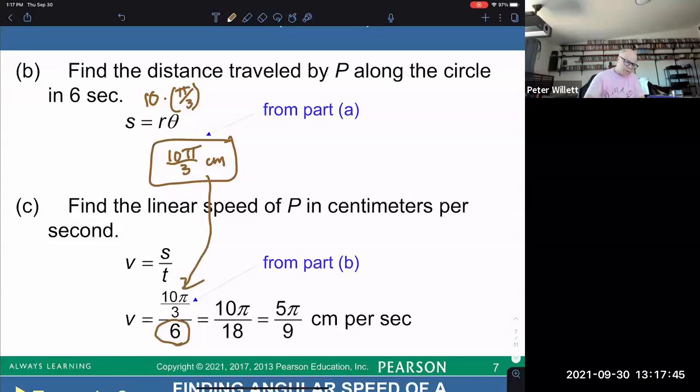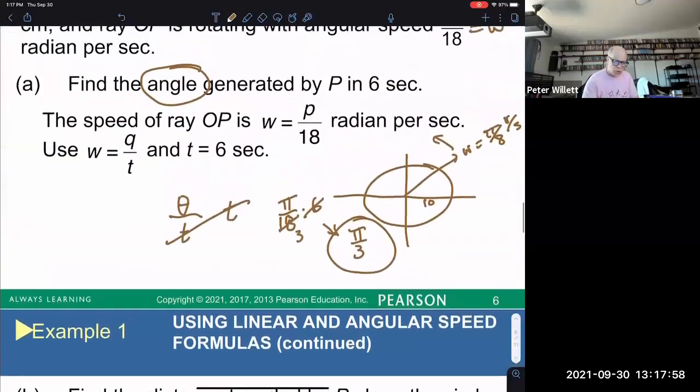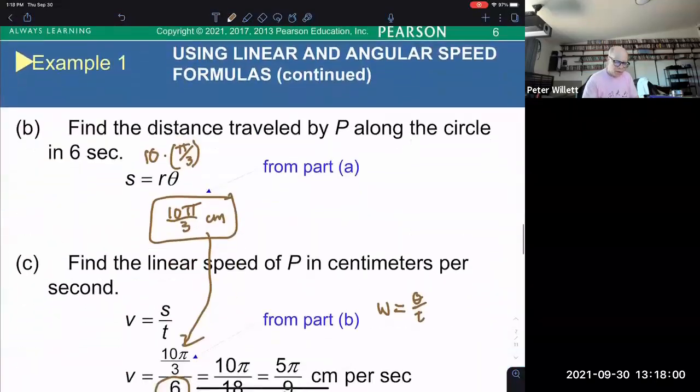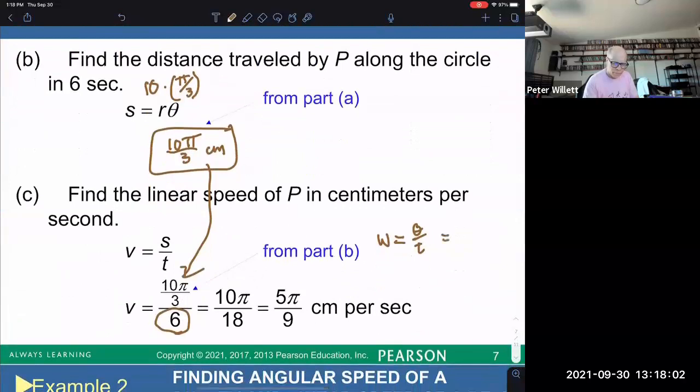Now, we could have gotten that also without doing something quite so fancy, since they gave us the W, which is theta over T. They gave us that that was equal to pi over 18. Well, if we want to convert that from theta over T to S over T, we just multiply by 10.